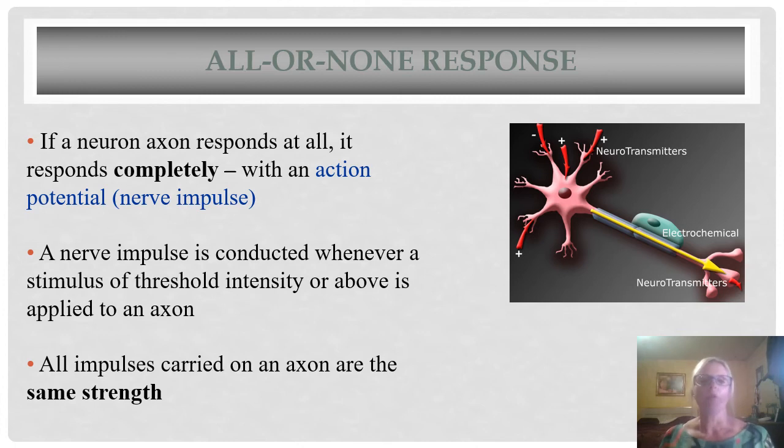A nerve impulse is going to be conducted whenever a stimulus of threshold intensity is applied to an axon, and then it is carried along the axon with the same strength. So the speed that those dominoes are toppling stays the same all the way down. A greater intensity of stimulation will only trigger more impulses per second, not a stronger impulse.